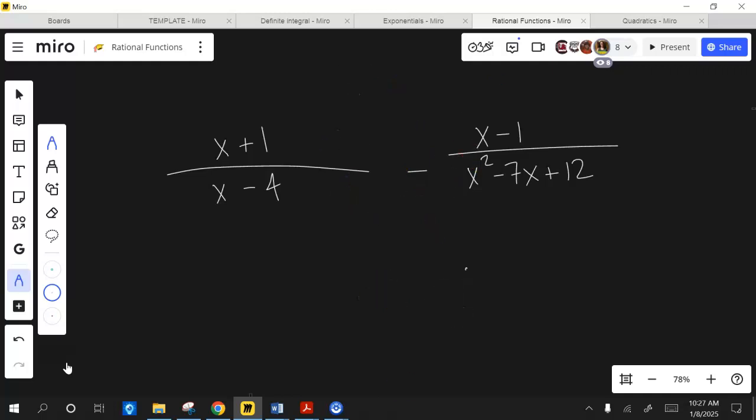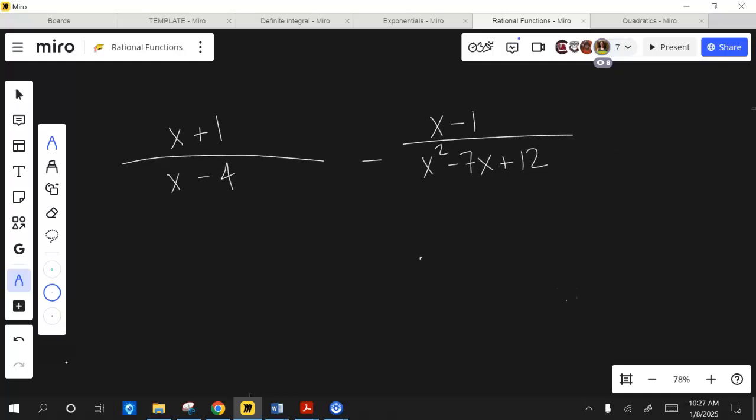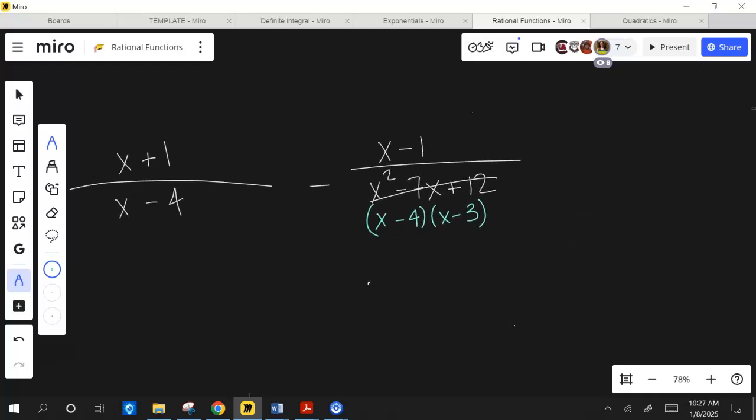All right. Let's start by factoring everything because that's always a good place to start, right? Have y'all factored this yet? You can shortcut it. That's right. What's my LCD for these two?